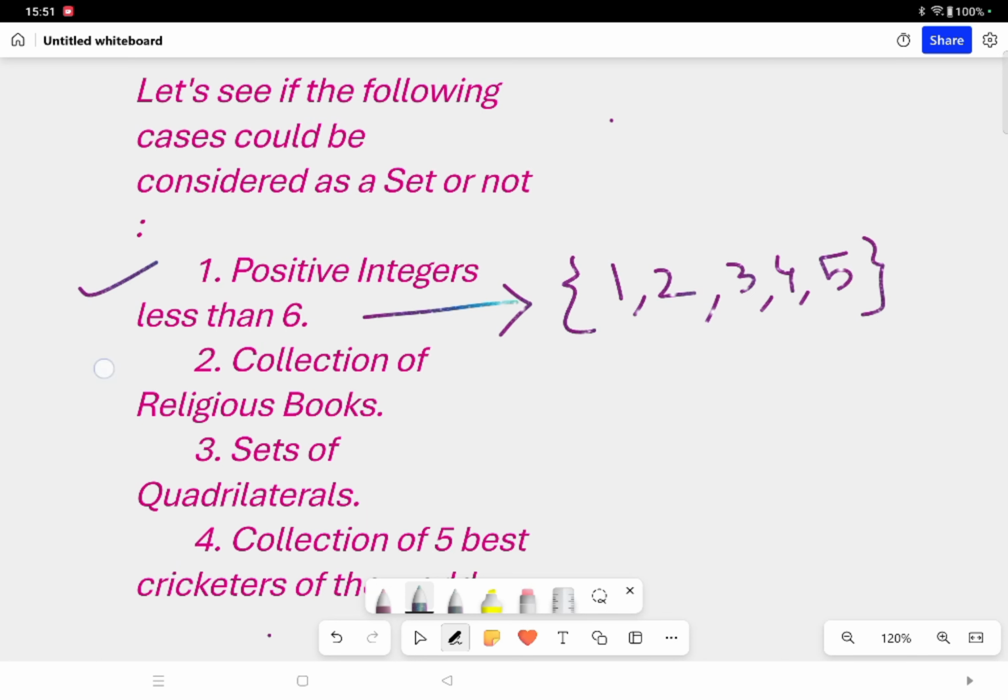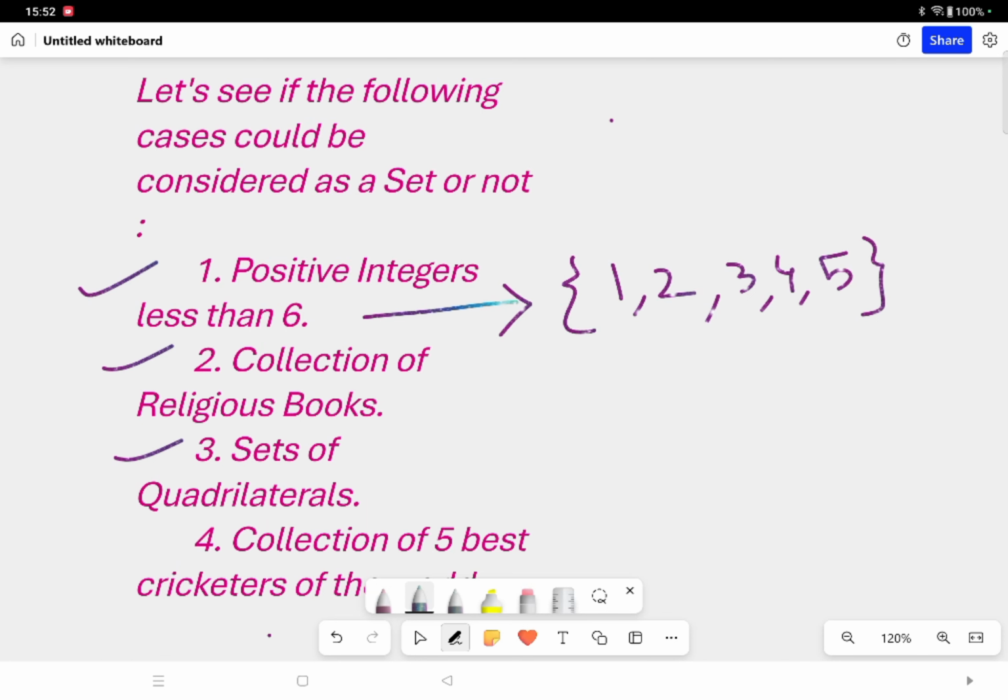Coming to the next one, that is sets of quadrilaterals. When you talk about various types of quadrilaterals, you know that all the four-sided figures are called quadrilaterals, like rectangle, rhombus, parallelogram, kite, and square.